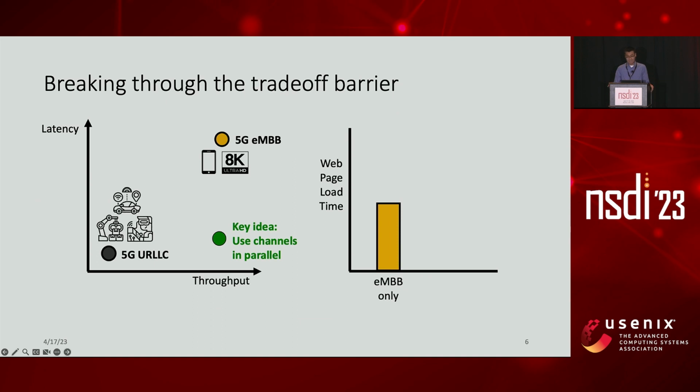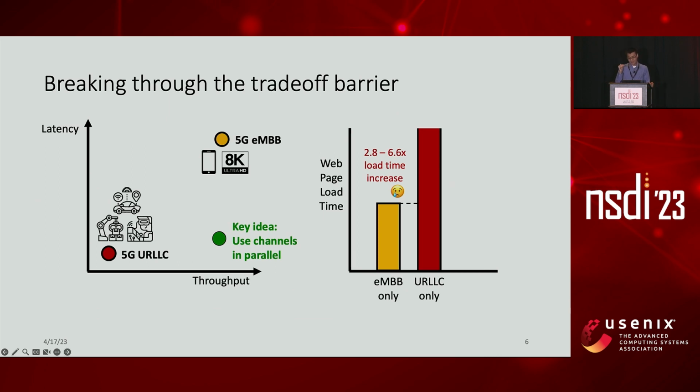To keep you excited, let's see how much improvement this approach can give for web browsing, the most widely used mobile application. The yellow bar here shows the web page load time if we use only eMBB, which matches how web traffic is currently delivered. If we use URLLC only, it performs worse than eMBB only, which is unsurprising because URLLC bandwidth is very limited, and that becomes the major bottleneck.